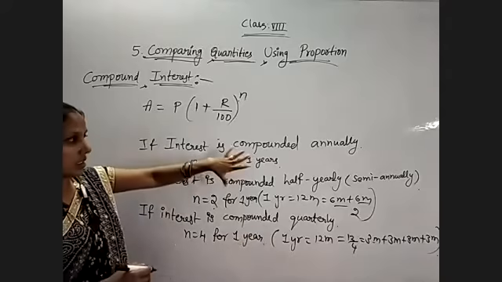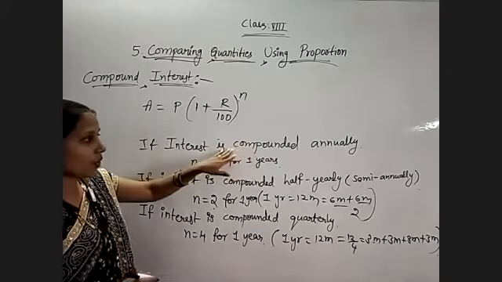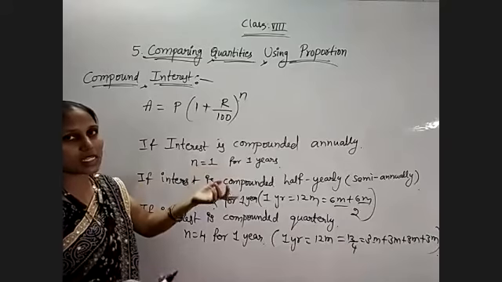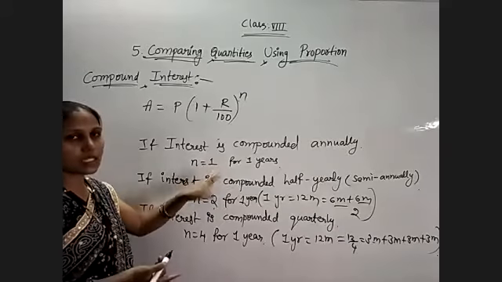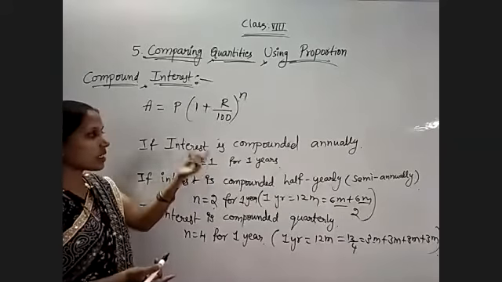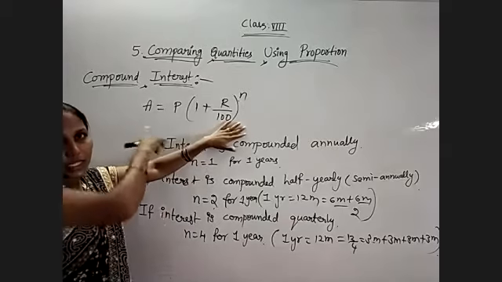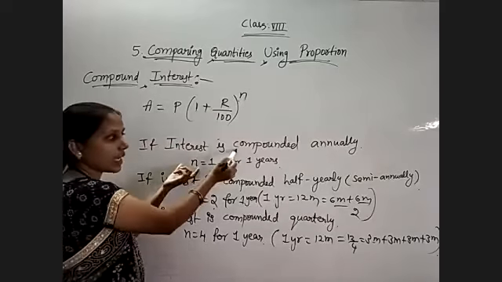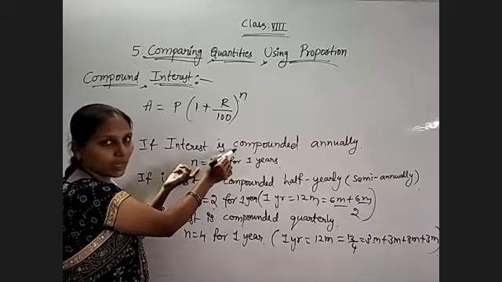Depending on its type, if the amount is compounded annually, we get 1 conversion period, meaning however many years they give in the question, that many years we take for n. Suppose they ask to find this amount for 2 years. Then n will be equal to 2 if the interest is compounded annually.